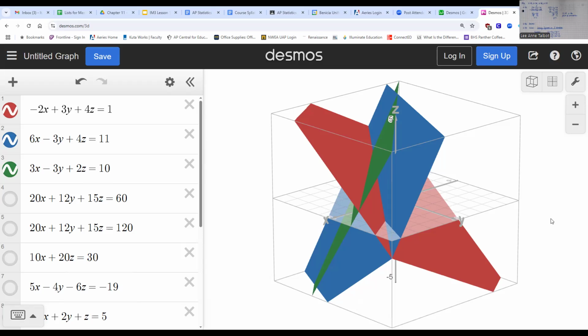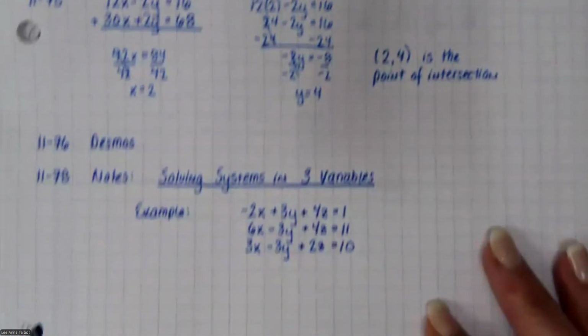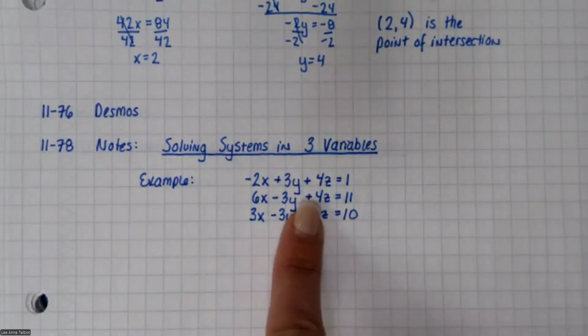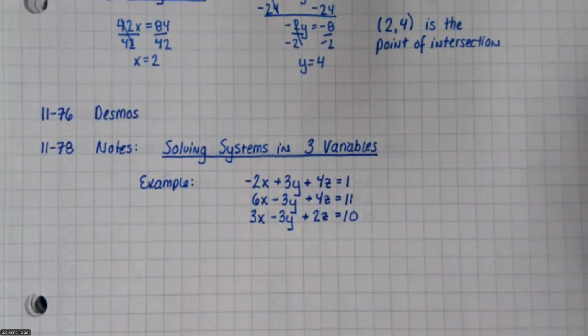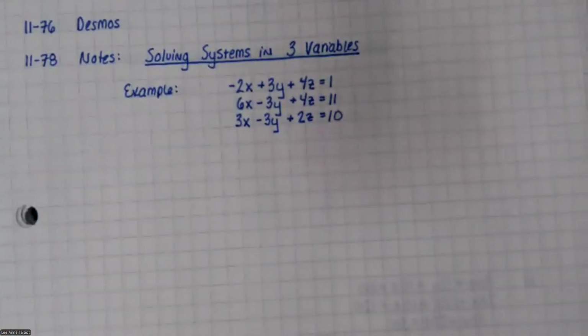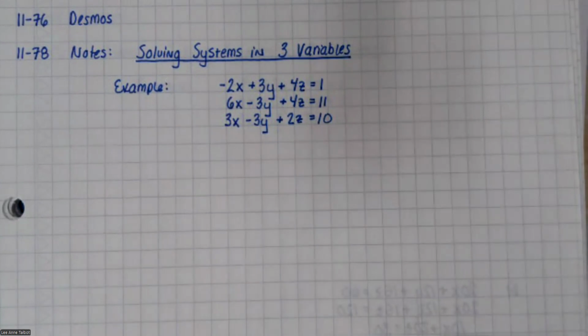Okay, did you guys write down the problem for number 78? Okay. Number 78 is this. Take a second to write this down real quick, if you haven't already. Also note the sheer amount of space that I left here.